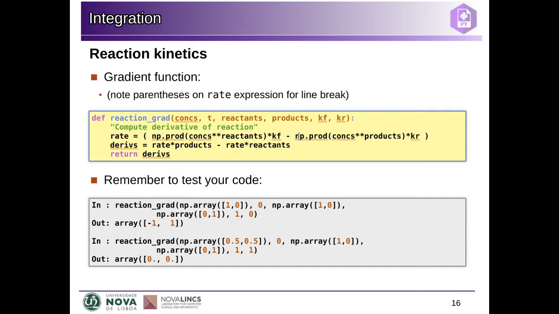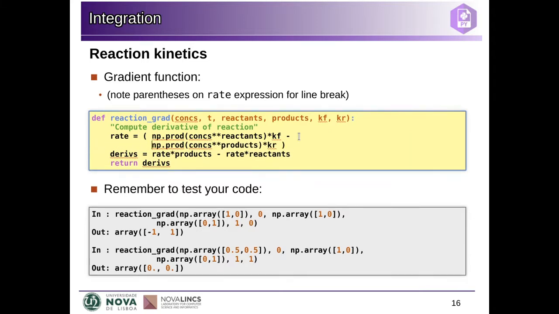It's a lot more confusing. But if I put these two lines one below the other, I can see that this is the forward rate, so the reactants and the forward constant, and then minus, and this is the reverse, the backwards rate, which is the reverse constant and the products. So this way, if you write your code taking care of making it easier to read, then you can avoid a lot of mistakes.